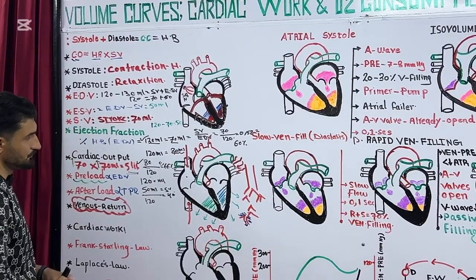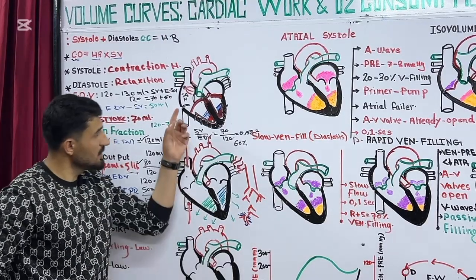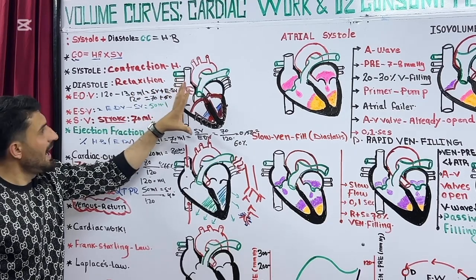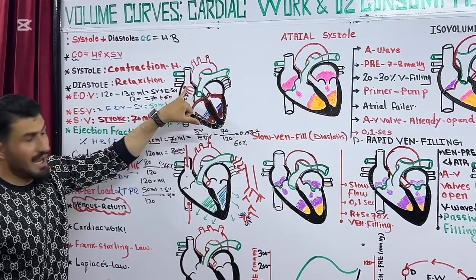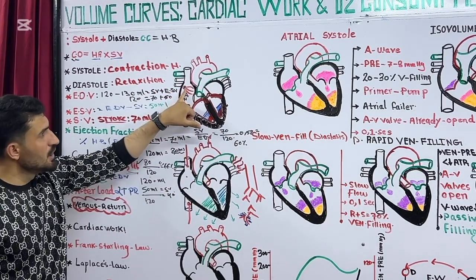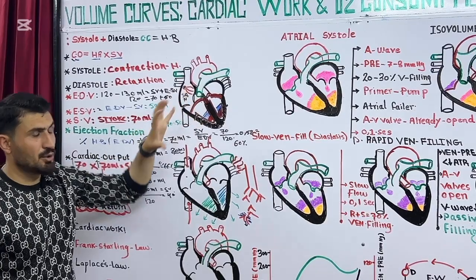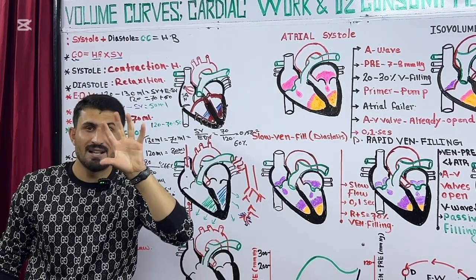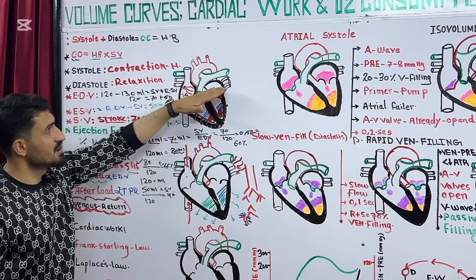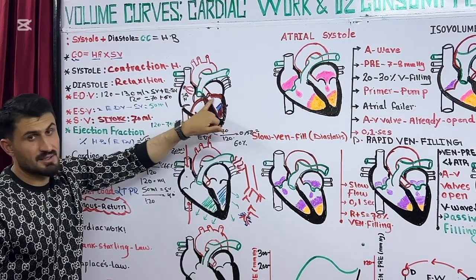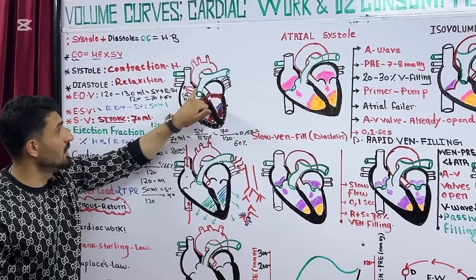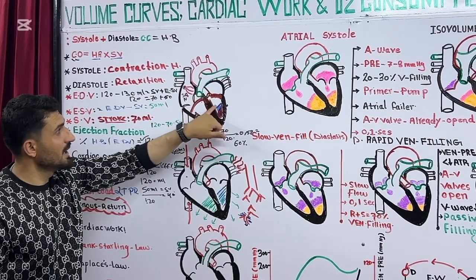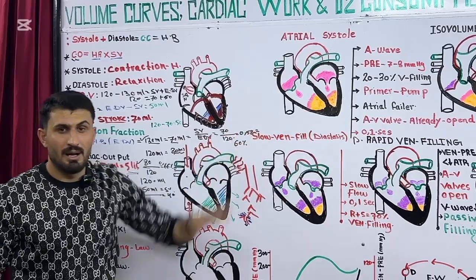So now let's start from the point where the SA node fires, and we will come back to that point again. Okay, so I'm talking about only one heartbeat. It means one systole plus one diastole: the systole of atria, the systole of ventricles, the diastole of atria, the diastole of ventricles, and the opening of these valves, all about them.